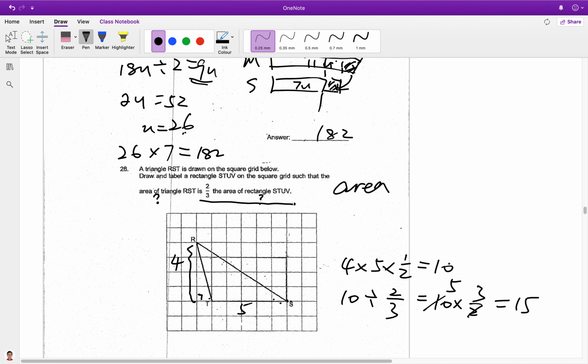So the base is 5, then it's very easy. 15 divided by 5 is 3, right? So this height is from this one. We cannot go this way, right? It will come out of the grid. So from this side, 1, 2, 3. So this is the point, and this is the point. So we can draw here, here, here, and here. So this is a rectangle.